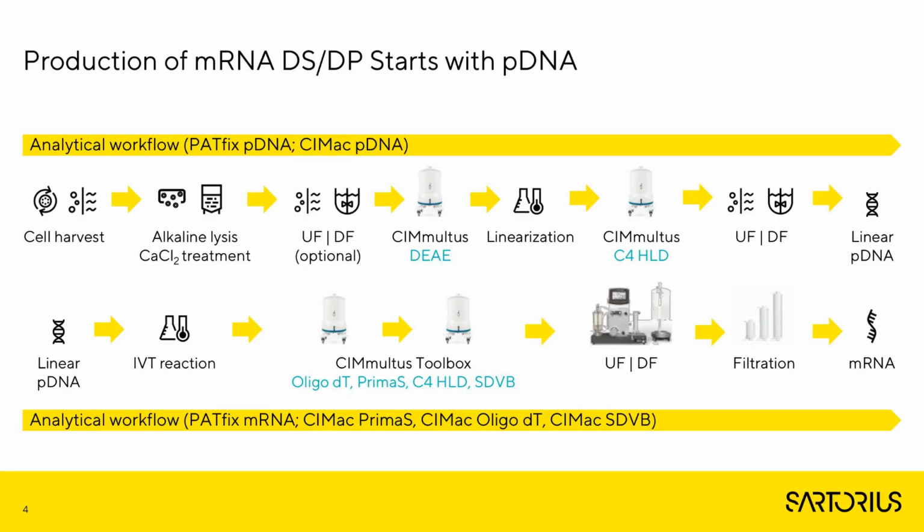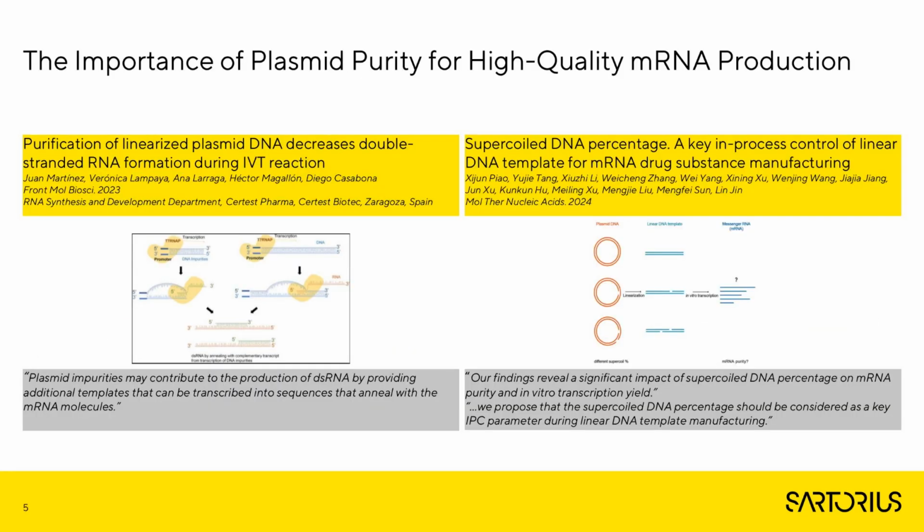Now, why should we worry about purity of plasmids? There's increasing body of literature emerging, particularly in the last 1 to 2 years, which suggests that poorly purified DNA template, or less than ideally purified DNA template, can give rise to impurities in the downstream process, including in vitro transcription of the DNA.